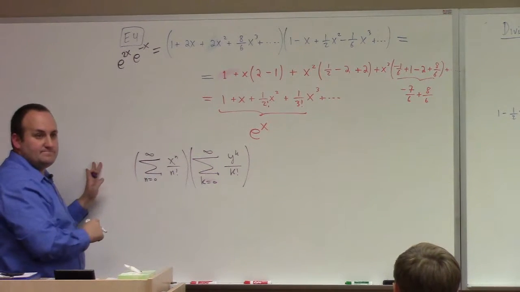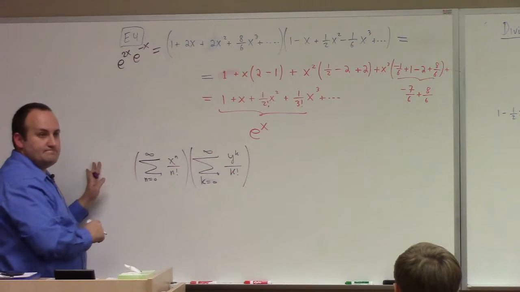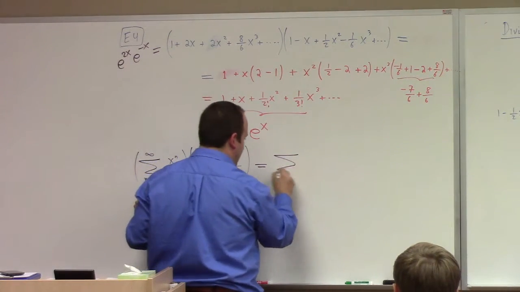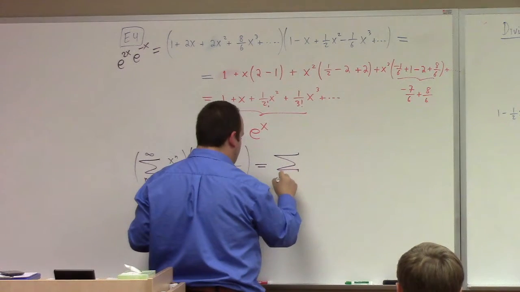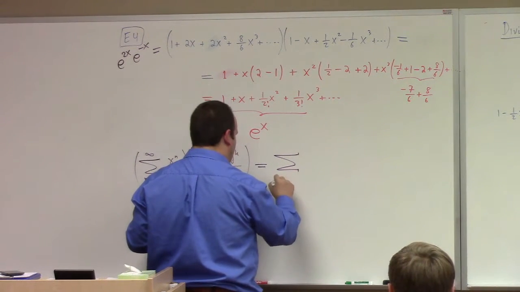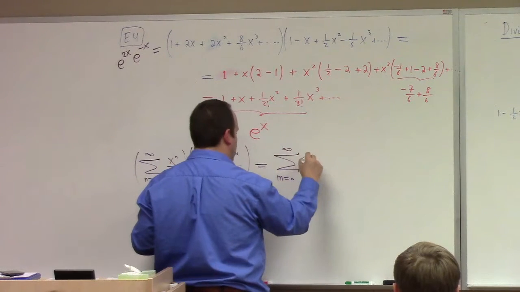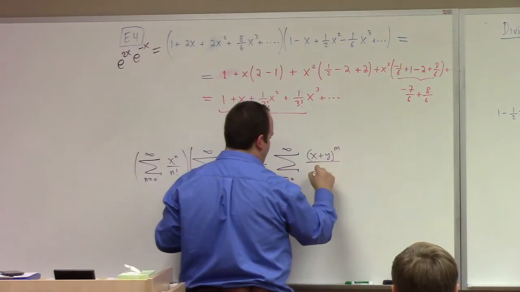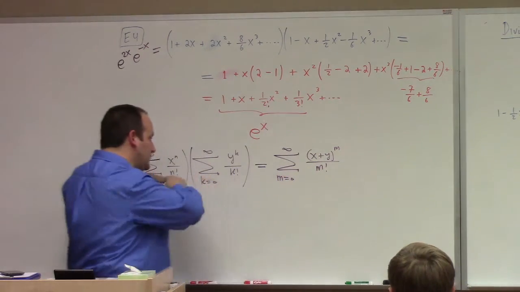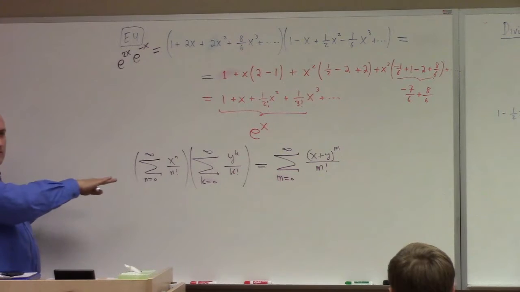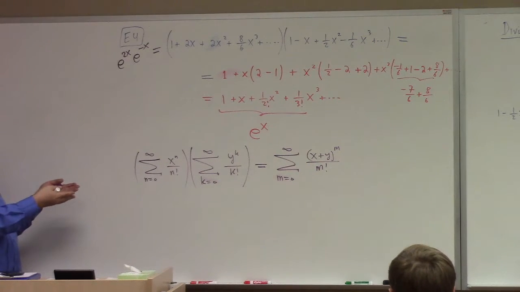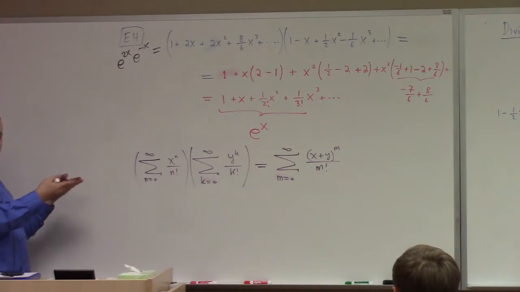And you can multiply these out, and after you collect things, using the pattern we were just doing, you'd get the sum, m equals 0 to infinity, x plus y to the m over m factorial. You can do this calculation using the product of series. All you need is to define it carefully and to use the binomial theorem at each order.